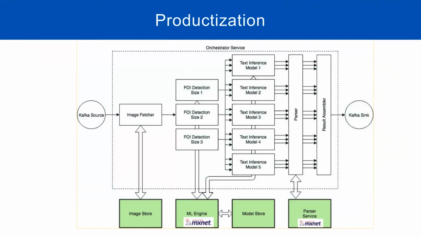Then we run through various stages. The first one is an ensemble of 3 models where we scale the image in different resolutions, and that is FOI, field of interest detection. That's detecting where those texts are.